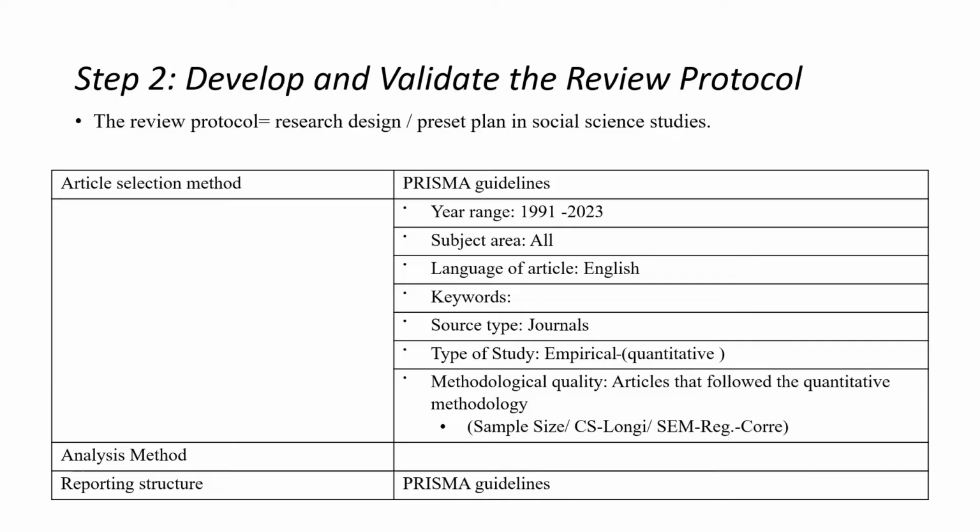For example, in another research of mine, I took the last 50 years of research, especially on gender stereotype change. I reviewed that, and for that I took 1970 up to 2022, because that was done last year.